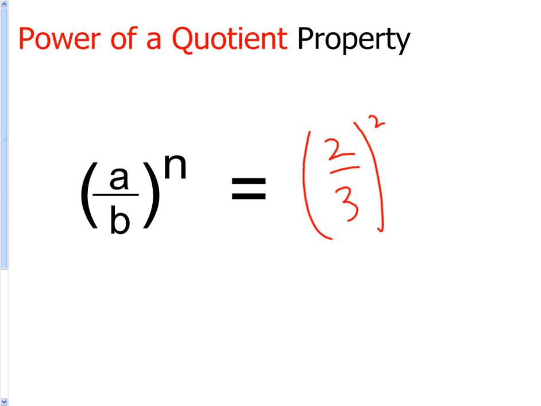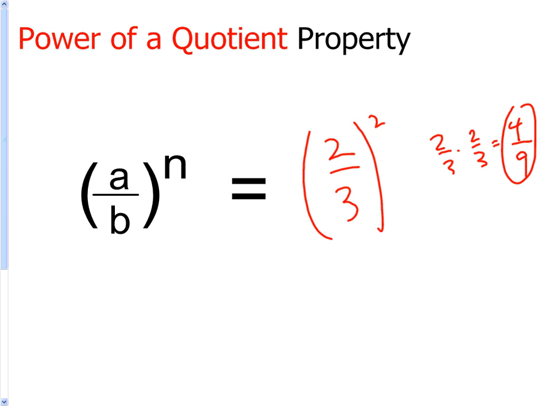Can I take each of these and just put it to the n on both of those or not? Well, I'll just test it quick for you. 2/3 squared should be 2/3 times 2/3, and that is 4/9, right? Can you just look at these and tell me, can I just square the top and square the bottom? Yeah, I can. 2 squared is 4, 3 squared is 9, 4/9.